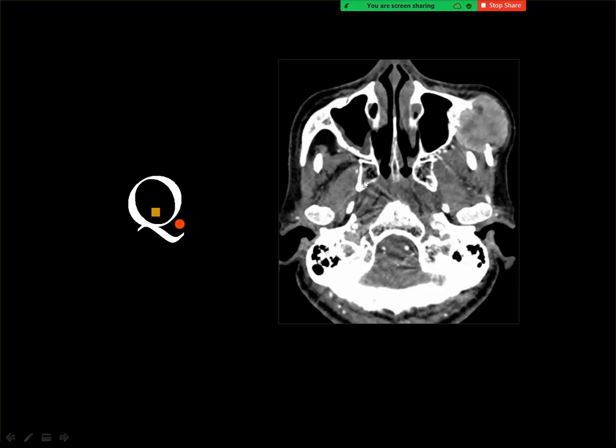This is a CT scan of the maxillofacial area showing this lesion, which is centered on the zygomatic bone.